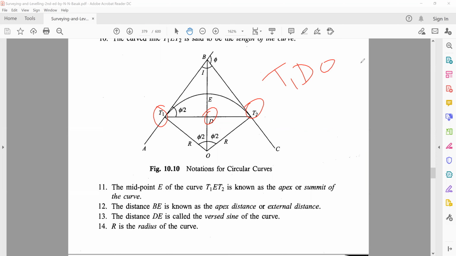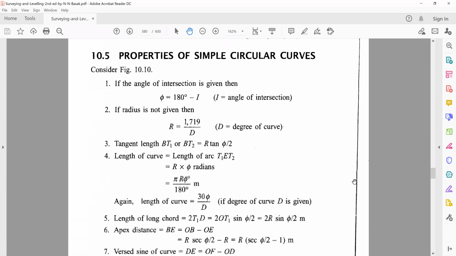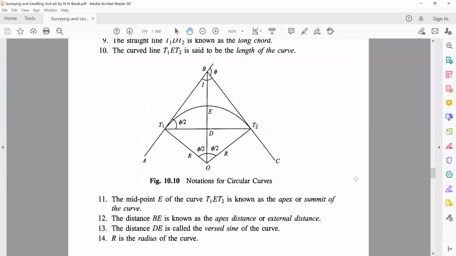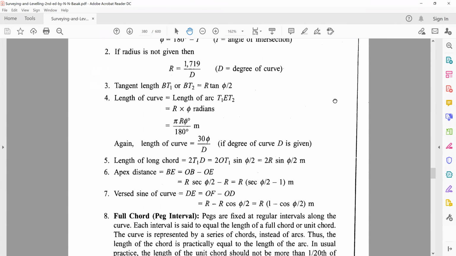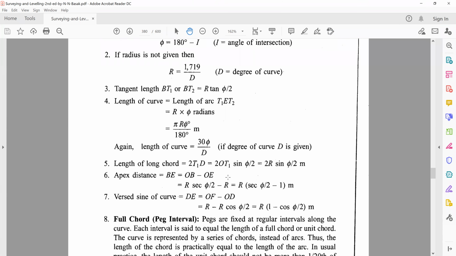Again using the trigonometric relation, we find the distance T1D or T2D equal to R sine phi by 2. Since it is half the distance, you multiply by 2, so the total distance becomes 2R sine phi by 2.